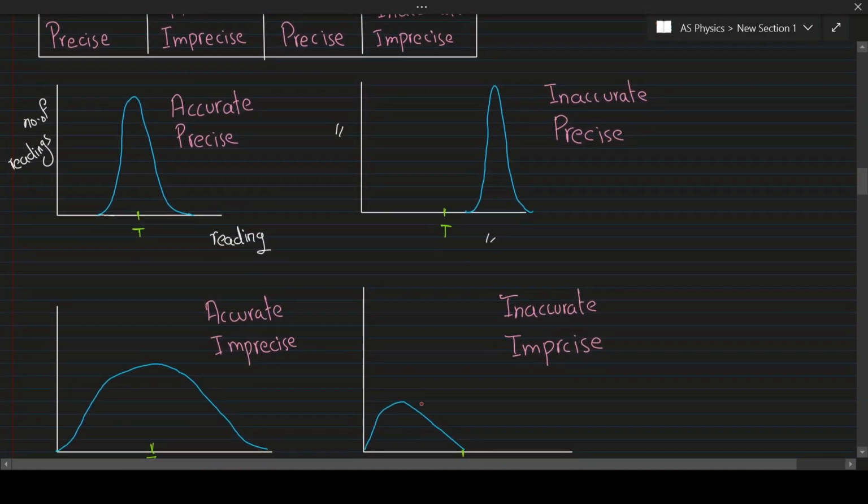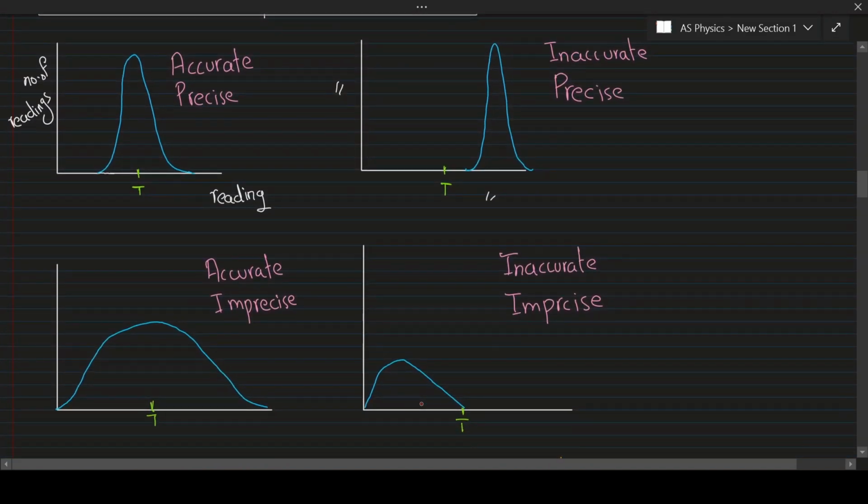Now we can also analyze accuracy and precision through graphs. This is a graph of the number of readings on one axis and the readings that are being taken on the x-axis. In the first graph, we can see that there's a huge peak at the true value.